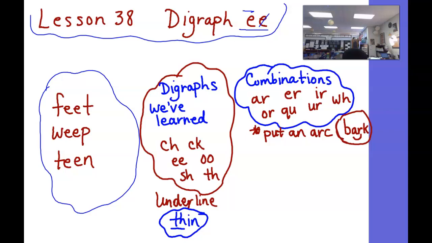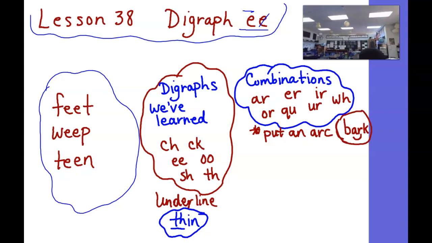These are all three digraphs EE. When we code these, and if you'll code with me, we're going to underline the digraph, put a macron over the first E, and cross out the second one because we don't really hear it. We're just hearing an E sound.